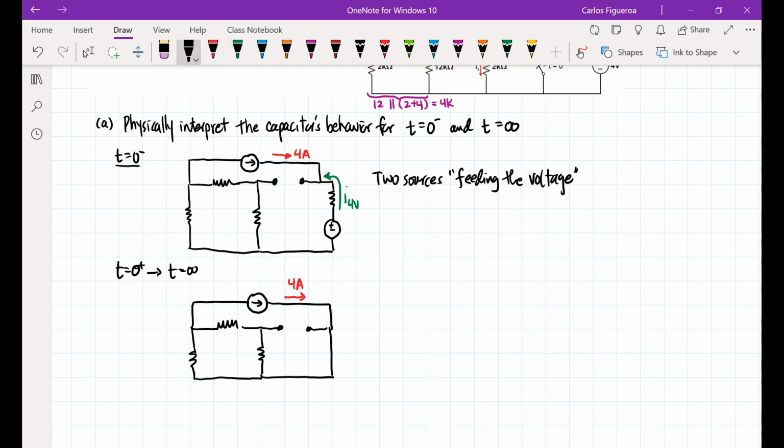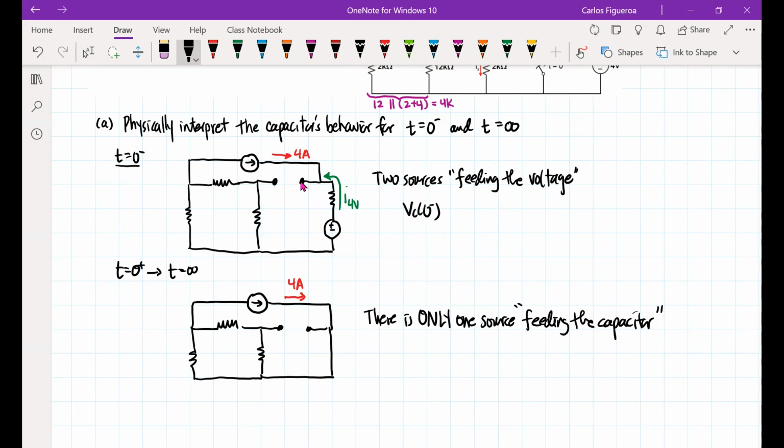So what this means here is that there is only one source feeding the capacitor. If I now look at this thing, this is going to be VC of 0 minus.